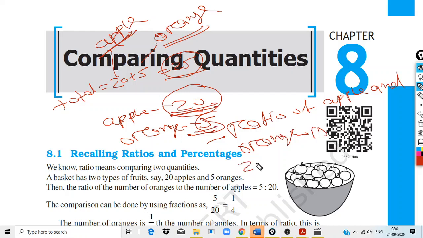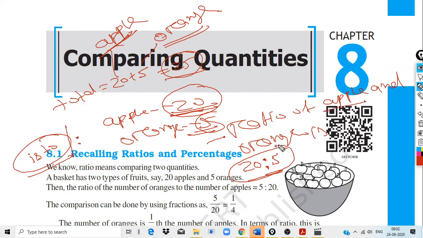So we can say 20 is to 5. You know about ratio from the previous class. This symbol is for "is to". The symbol is this one. Okay, so we can say the ratio of apple to orange is 20 is to 5.